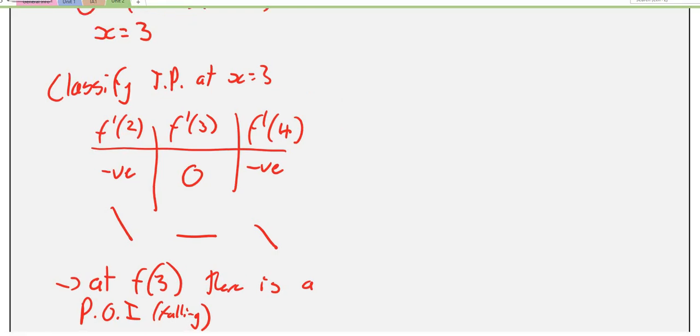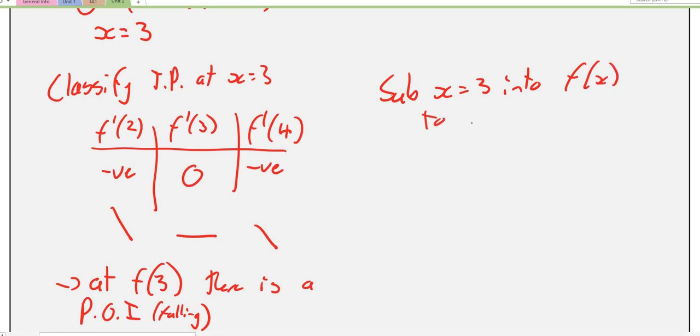Put that recording back on and substitute x equals 3 into f of x to solve for the y value of the turning point.